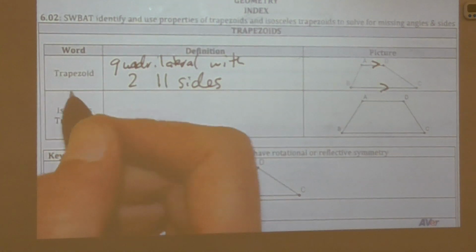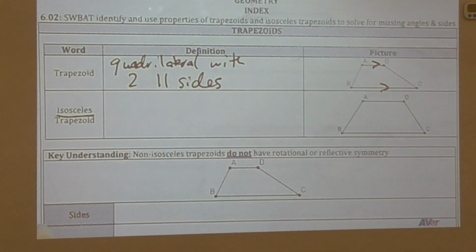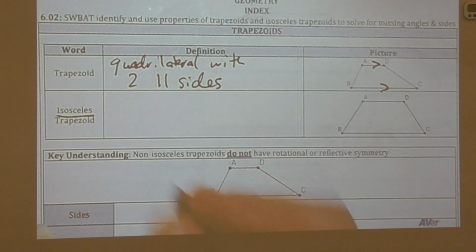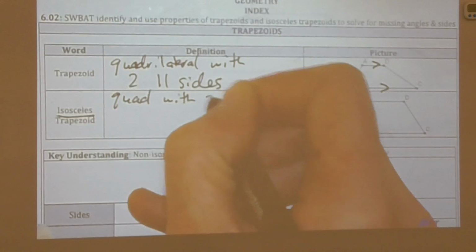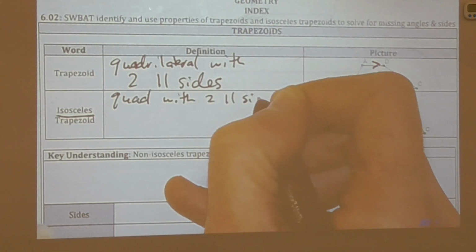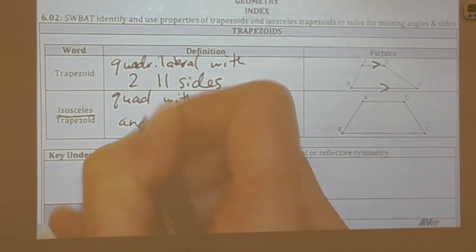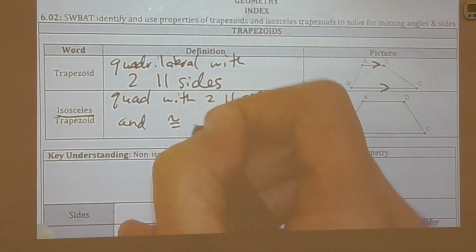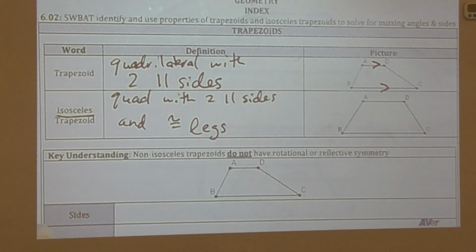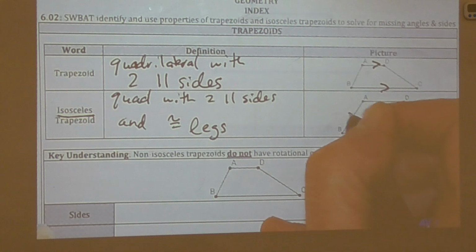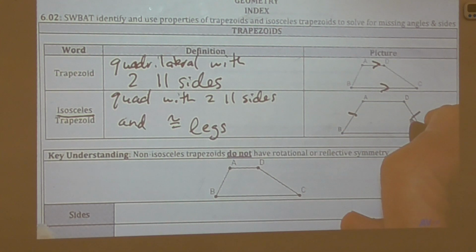Then we have this special one, an isosceles trapezoid. This is a quadrilateral with two parallel sides and congruent legs. So the legs on an isosceles trapezoid are here.